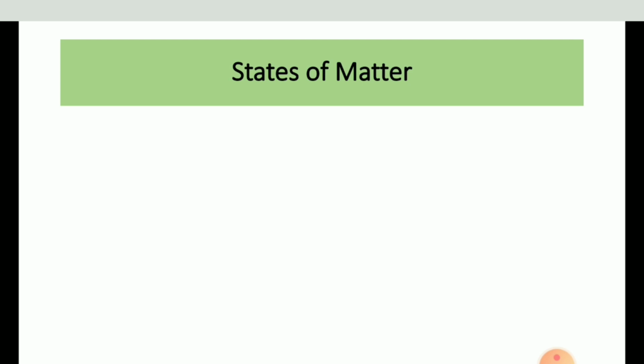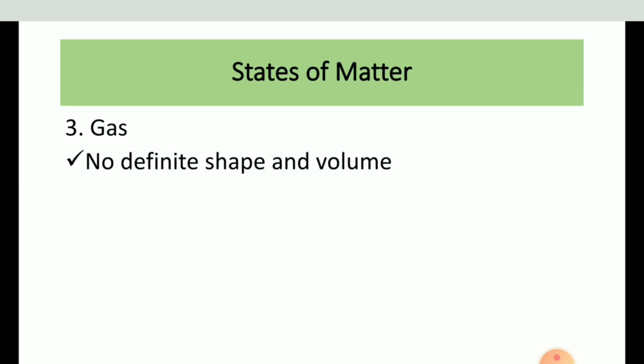Then, next will be gas. Like liquids, gases take the shape of their container. However, they have no definite volume. A gas can expand to fill any volume. Thus, it takes both the shape and volume of its container.